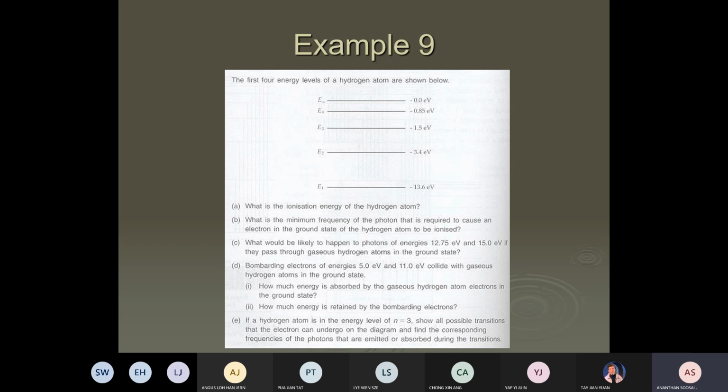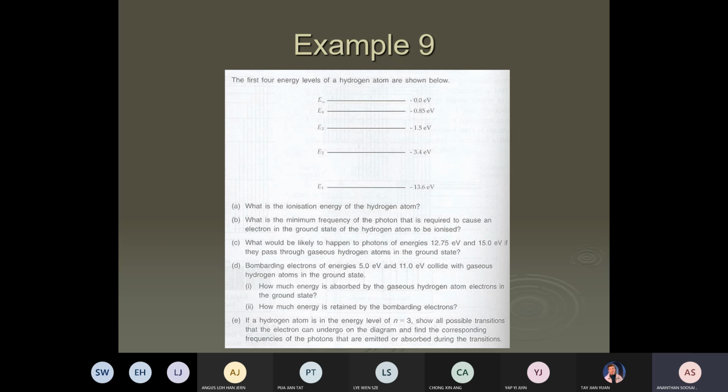The energy at the ground state. Okay. So 13.6 eV is the ionization energy. Some atoms, the value might be greater. So the first answer, the ionization energy is the energy at the ground state, 13.6 eV.